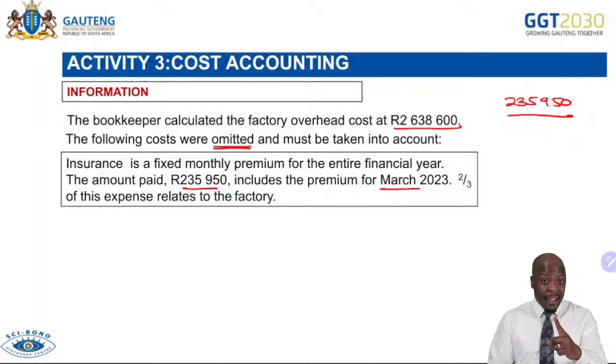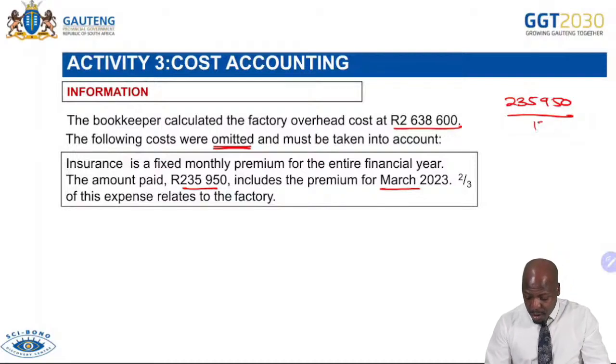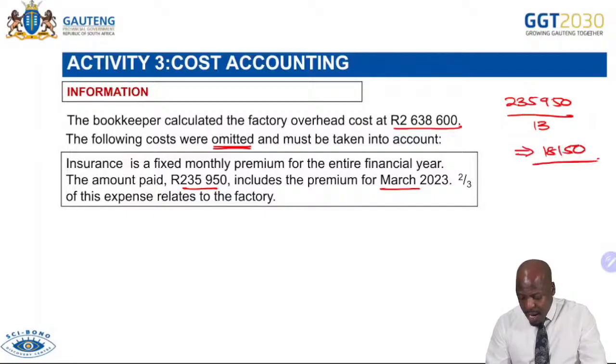That makes it how many months? 13. So this is for 13 months. That tells us that per month, how much was the insurance premium? Calculators, please. How much do you get? 18,150. All right.